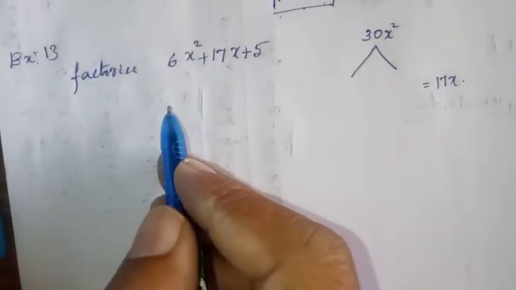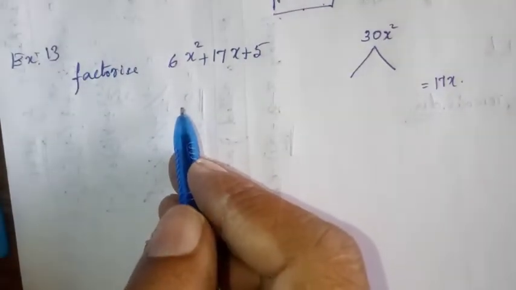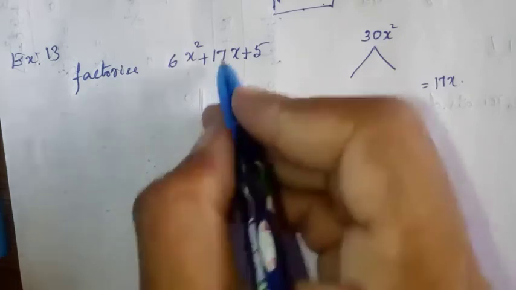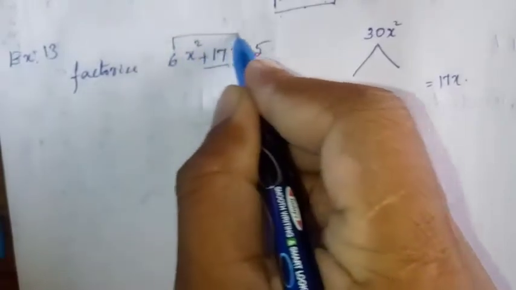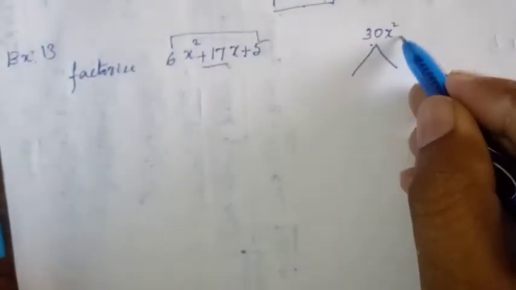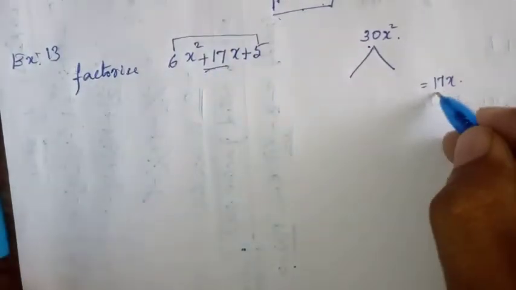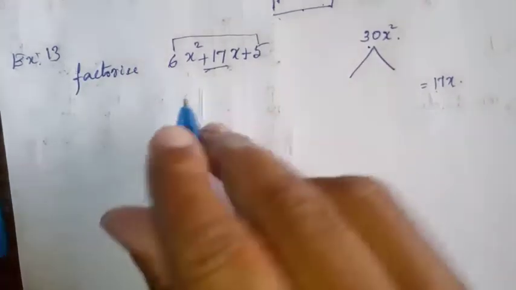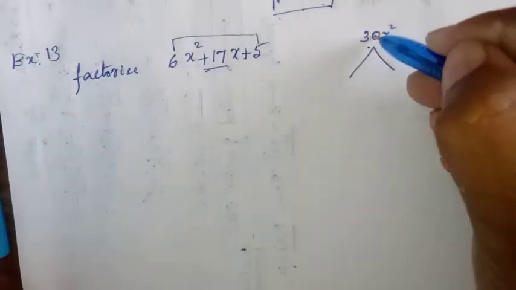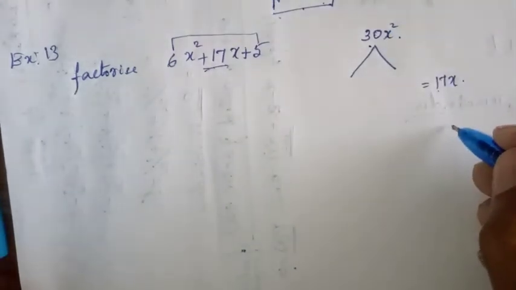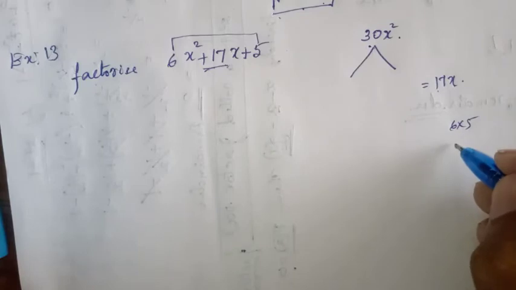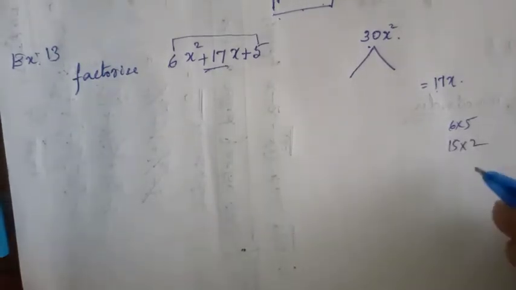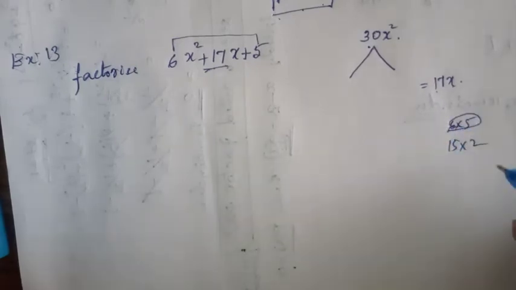Okay, one more problem I am considering, that's example 13. It's very simple. All of you studied the triangular method in 8th standard. Already I told you how to factorize. First you have to consider the product of the first and last terms, that's 30x square, and the sum should be equal to 17x. Now we need to find the factors of 30. The factors of 30 are 6 and 5, and 15 and 2. Yes or no? In this case the sum is 11, the difference is 1.